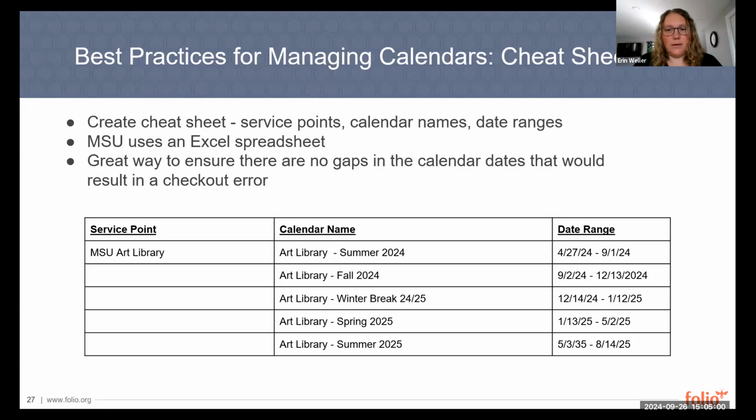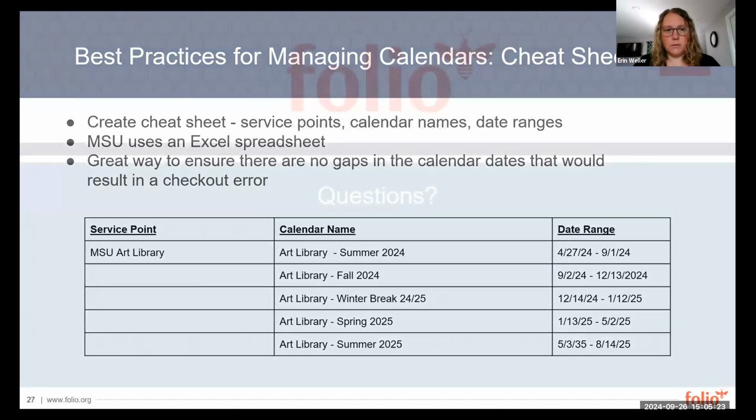You can see right there, one ends on 9/1, then we have 9/2 is the very next calendar. That one ends on 12/13 and it picks up on 12/14, the very next calendar. So it's a really good way to ensure that you don't have those gaps and that we're not going to see that error message.